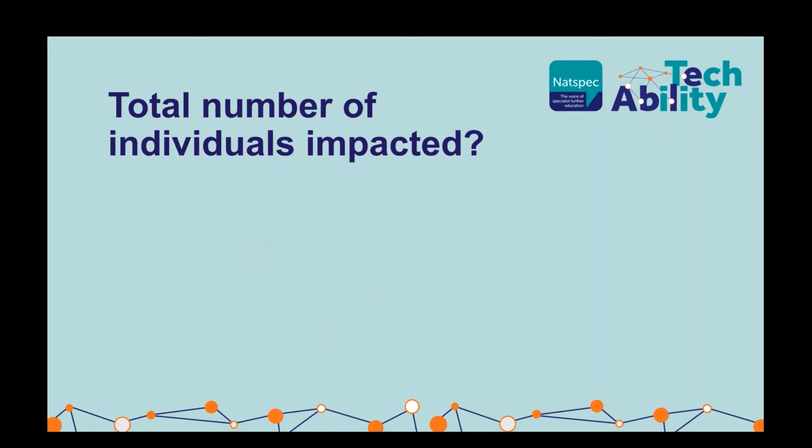So what we have to think about in terms of GDPR is the total number of individuals that were impacted. Because this was a data loss, it had to be reported to the ICO, the Information Commissioner's Office. And they ask the question, whenever you report a data loss, how many individuals have been impacted by this?